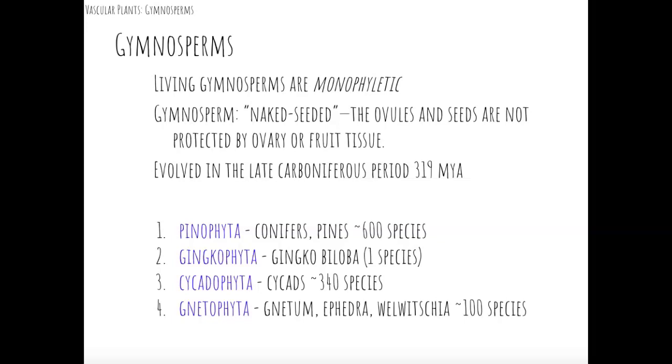The Gnetophyta include things like Gnetum, Ephedra, and the Welwitschia. That has about 100 species. And then there's the Ginkgophyta, which includes one species, which is called Ginkgo biloba. It has only one living species in that group of Ginkgophyta.